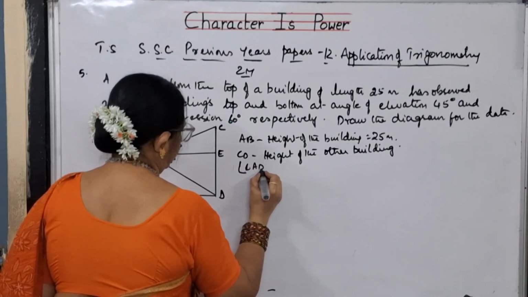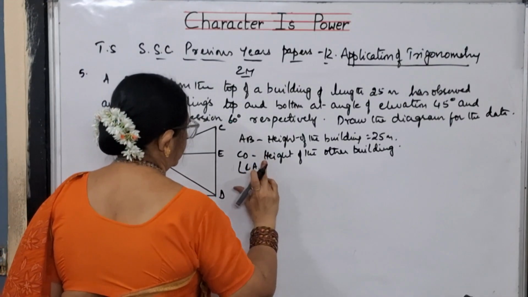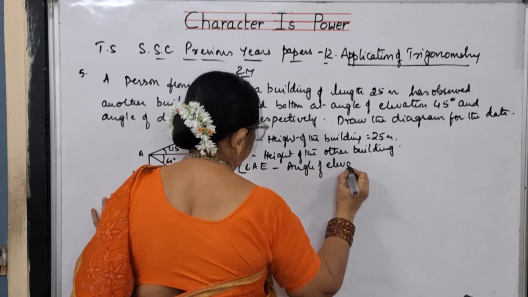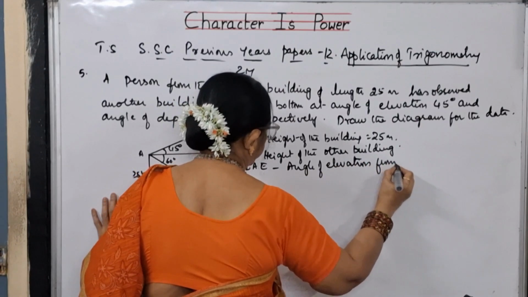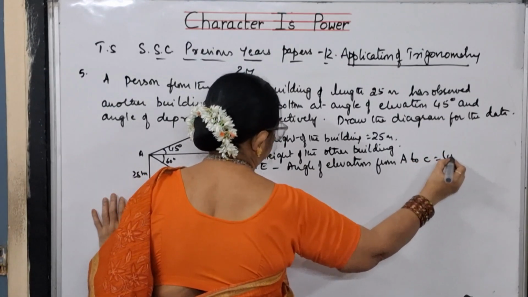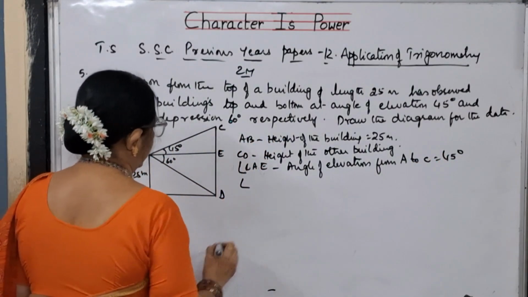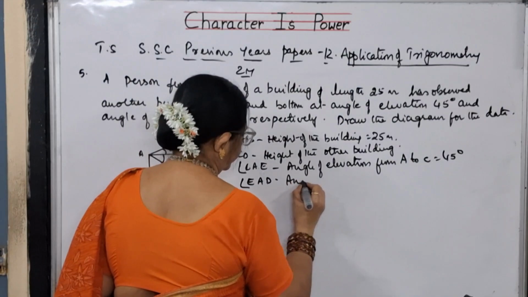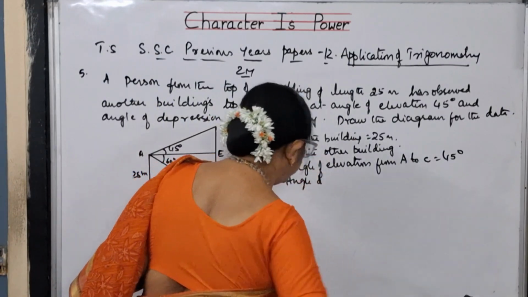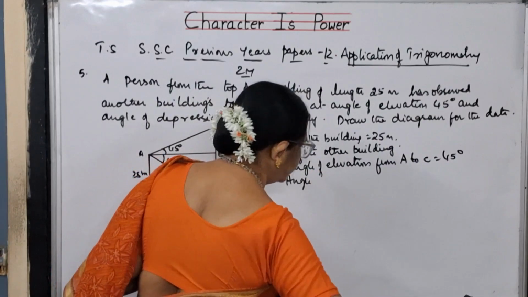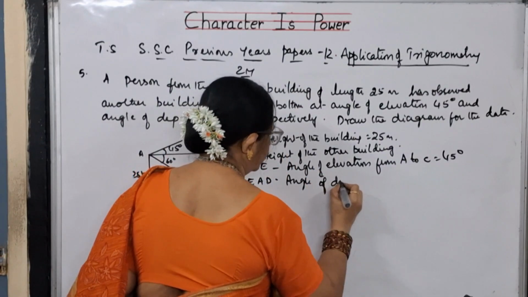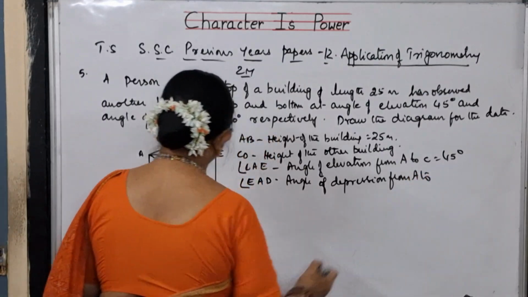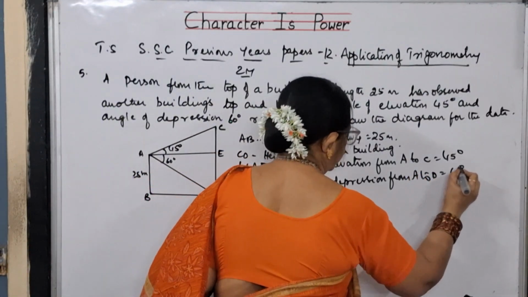Angle CAE is the angle of elevation from A to C, that is 45 degrees, and angle EAD, angle of depression from A to D, is 60 degrees.